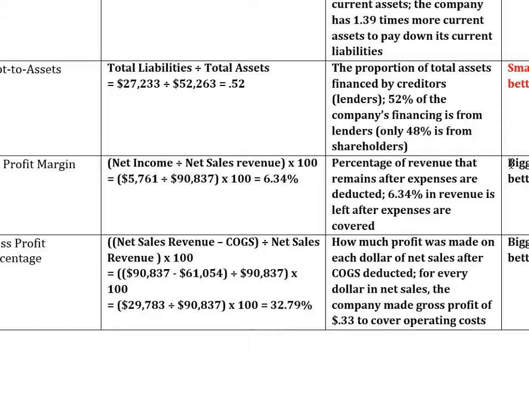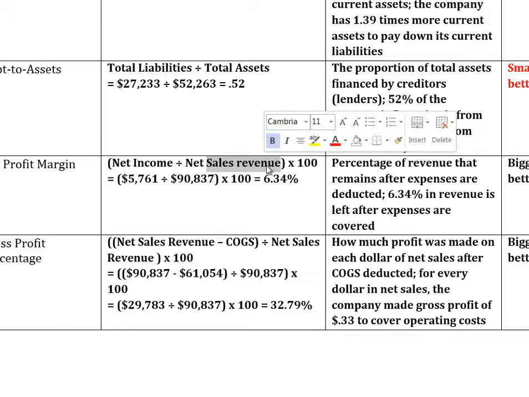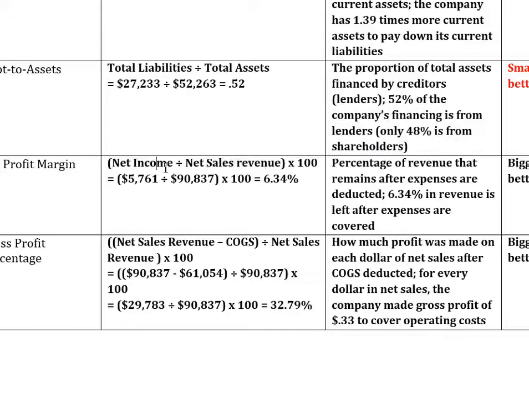So bigger is better. Again, the net profit margin represents the percentage of that net sales revenue that would remain after we cover our expenses, because revenues less expenses are net income. So how much of that net sales revenue is going to be left after we cover our expenses, right?